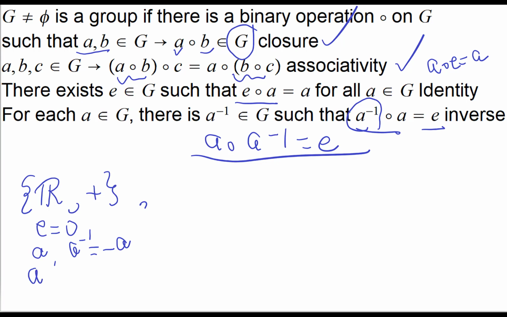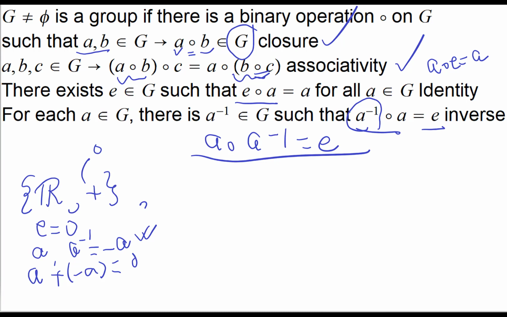Because a plus negative a is 0. So this looks slightly anomalous, but we just have to get used to it, because here our binary operation is this. And very soon we shall even start dropping this operation while discussing material.